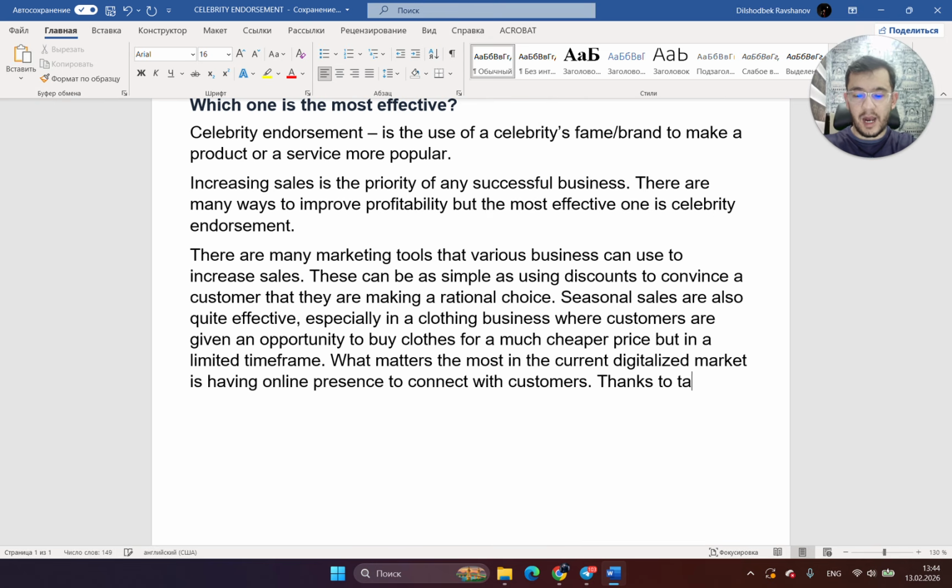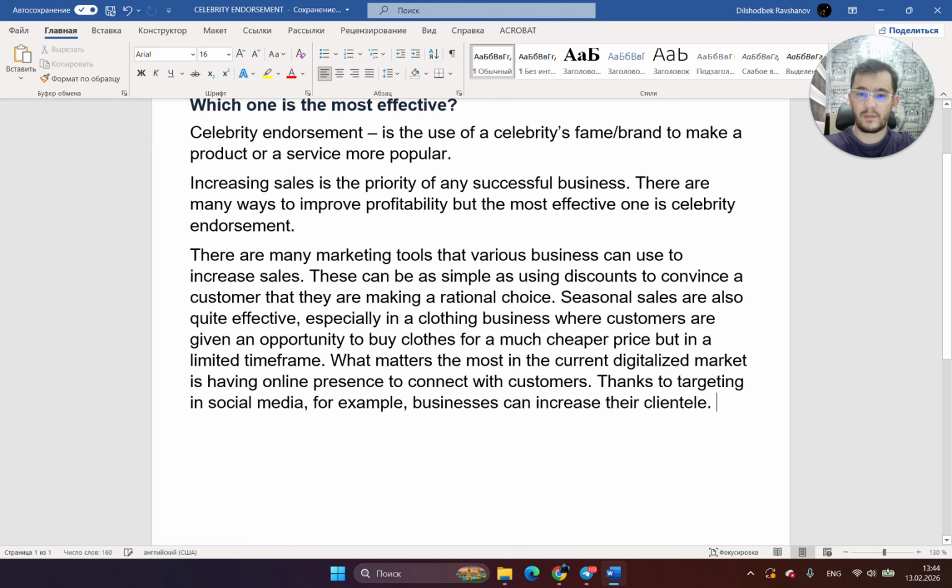Thanks to targeting in social media, for example, brands, or let's say businesses can find new customers, or maybe we should say businesses can increase their clientele, right?